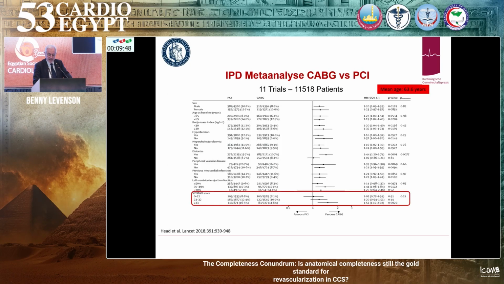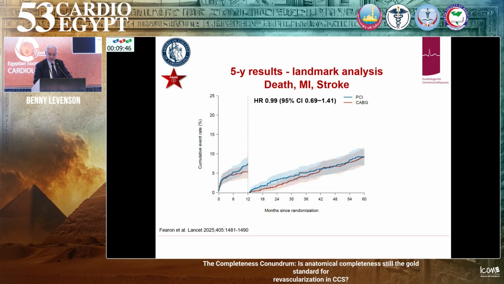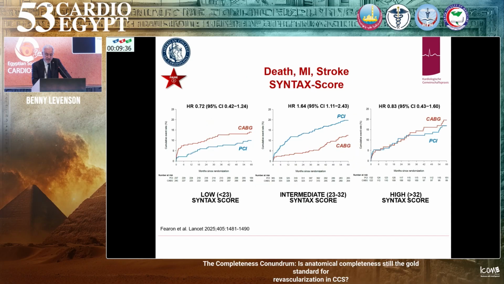I'm going to skip this slide for the sake of time. FAME 3 study, very important, 5-year results: death, myocardial infarction, and stroke, no difference between PCI and CABG. Low SYNTAX score, there is a difference. High SYNTAX score, at the end of the day, still there's a little difference. And in the intermediate SYNTAX score, there's a high difference of cumulative event rate in PCI patients.